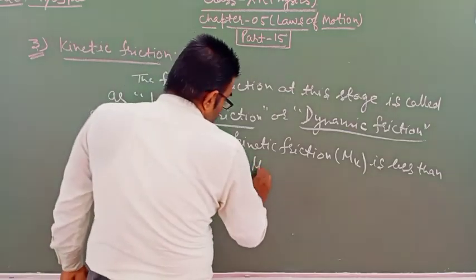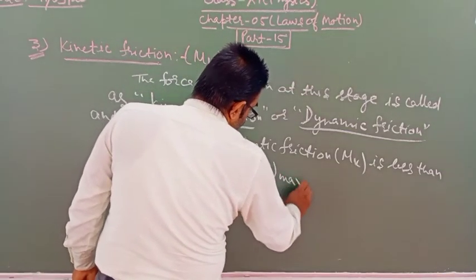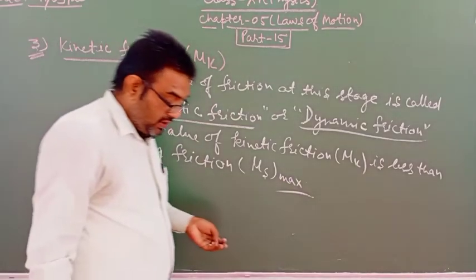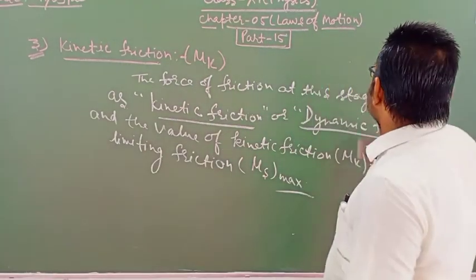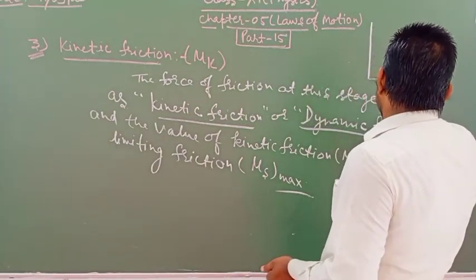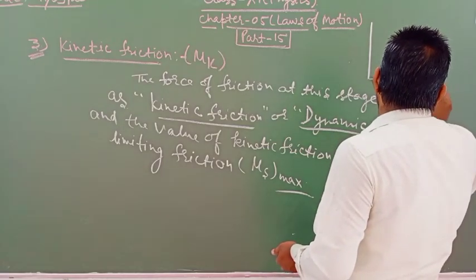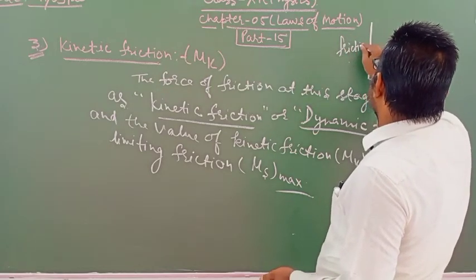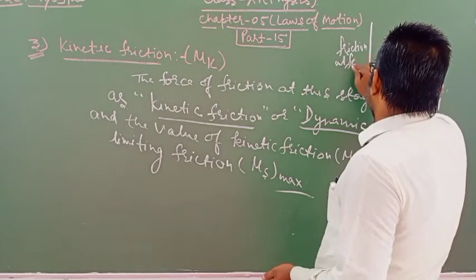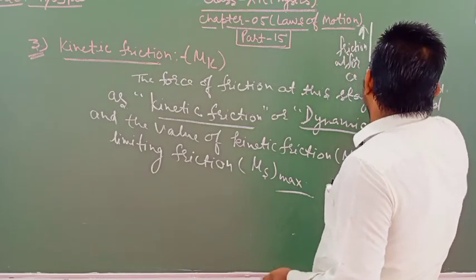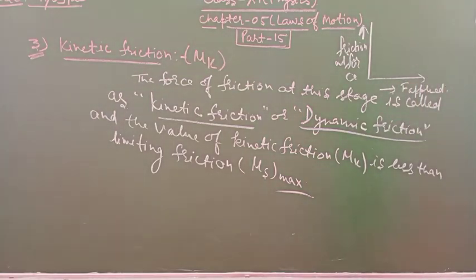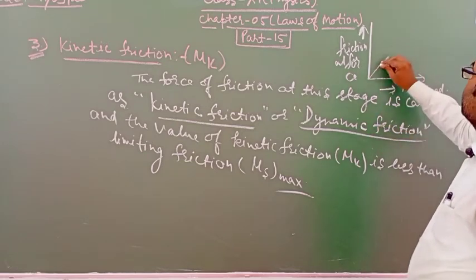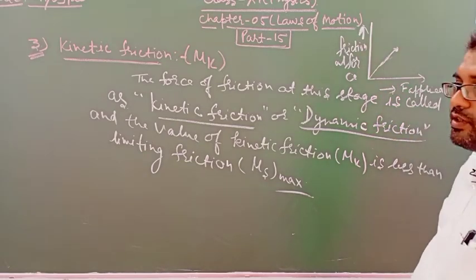Limiting friction, that is mu s max. Mu s max means the value of kinetic friction is less than it, because as we had discussed in the graph also, if this is the applied force and this is the frictional force against the applied force, then there is a linear relationship between the frictional force and the applied force up to a certain limit.